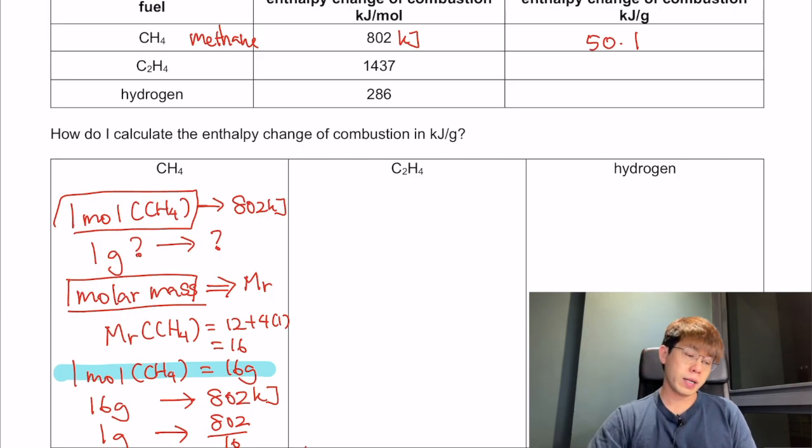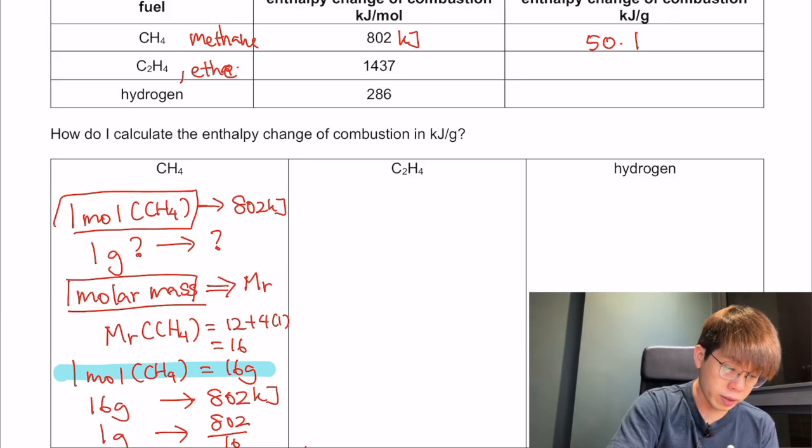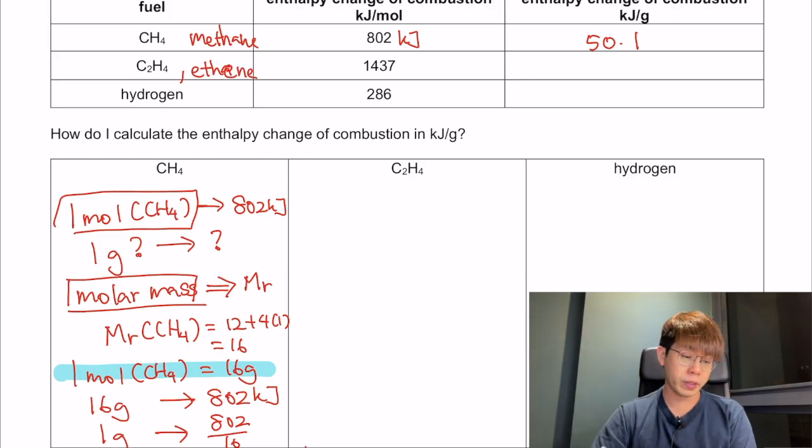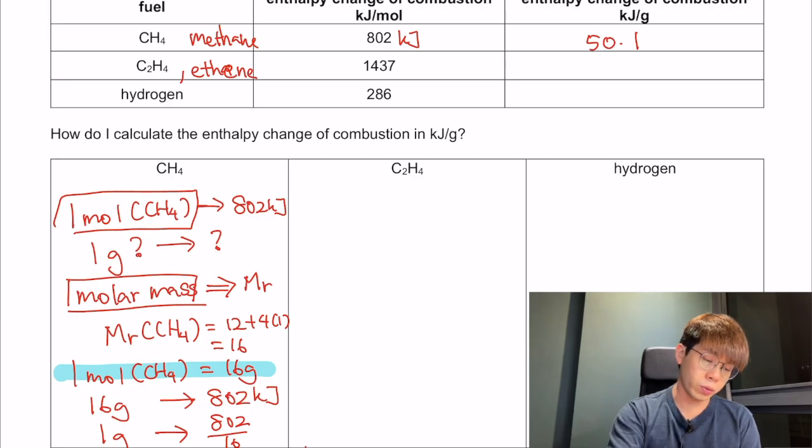Alright, so let's look at the next one. The next one is called ethene, okay? And let's go through the steps one more time. So, first we find out what is the molar mass of ethene.